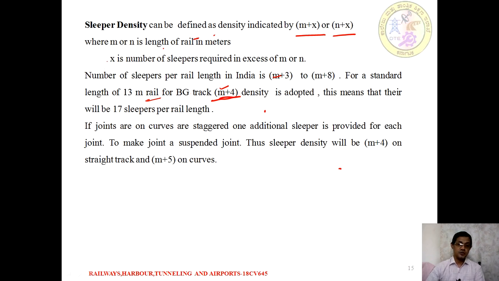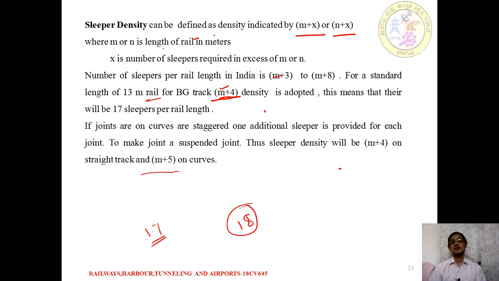Suppose it is at rail joints or curves, then we increase it by 1, so that is going to be m plus 5. Especially in a curved section or a rail joint for a broad gauge it is going to be 18, whereas in the case of straight track 70 sleepers are required.